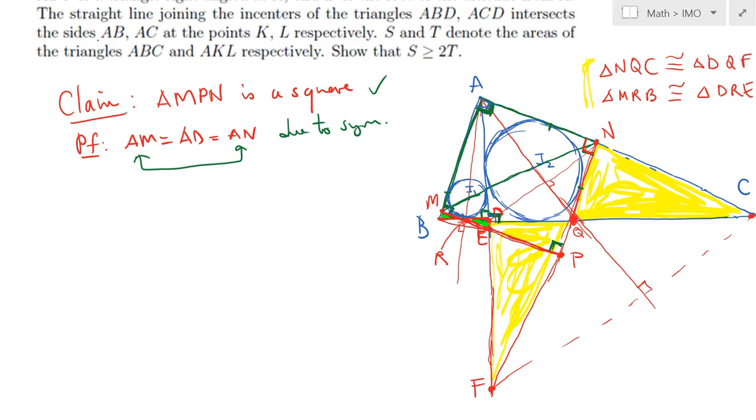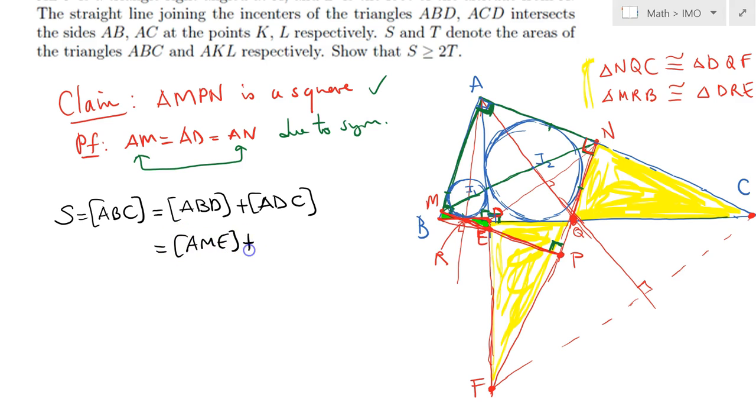Now we know that the area S, which is the area of triangle ABC, is simply equal to the area of ABD, I can split it into two, plus ADC. But ABD is equal to AME due to that congruence that I mentioned earlier, plus, and similarly ADC is the same thing as ANF.